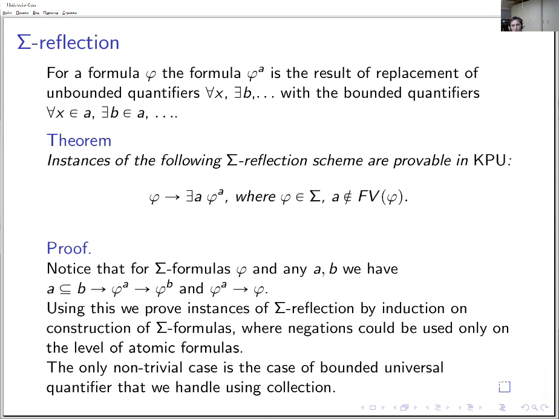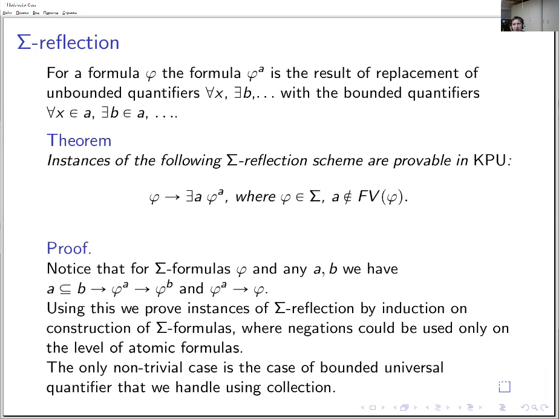Essentially, you could think about it as a statement that says that if some sigma formula holds, then there exists a transitive model of the sigma formula. In fact, it's very easy to prove using sigma collection.